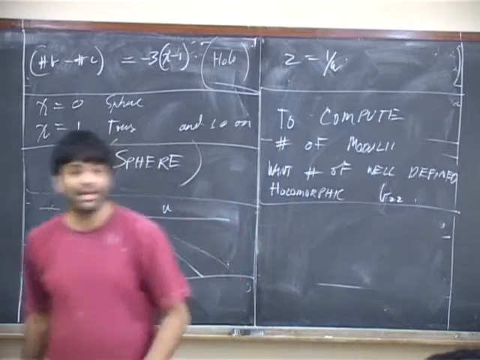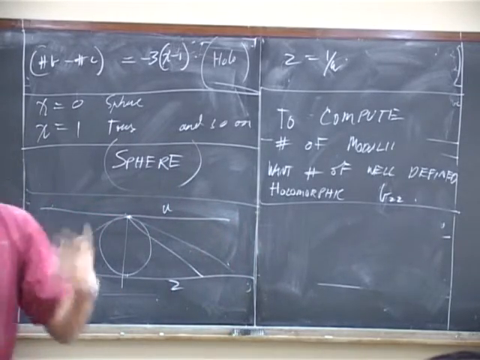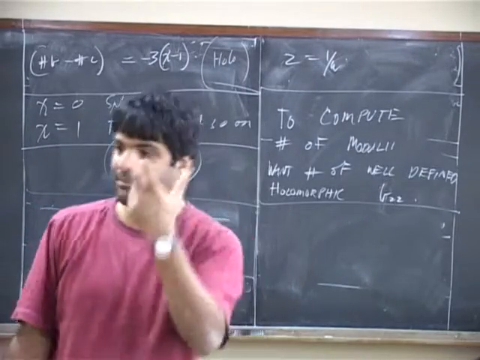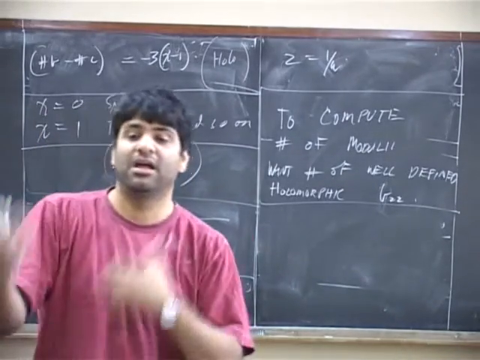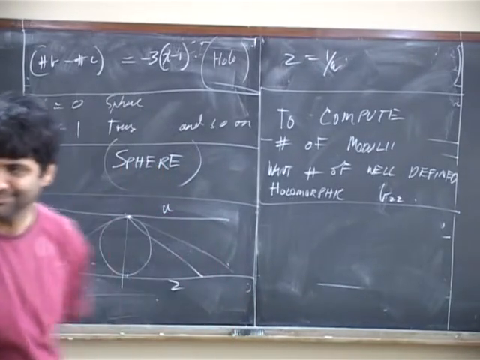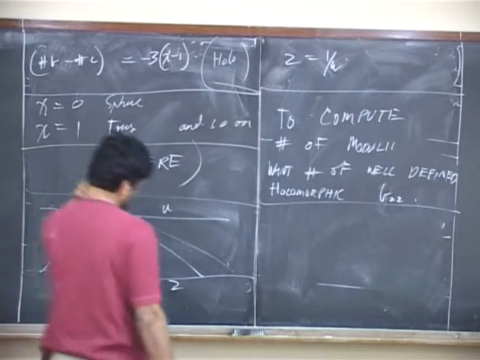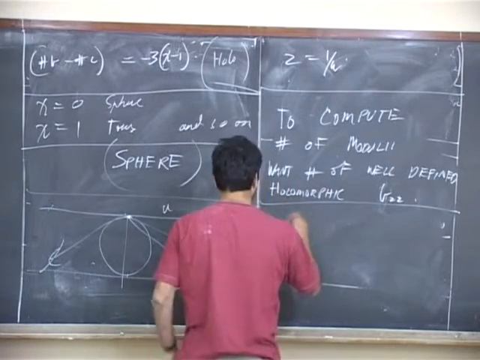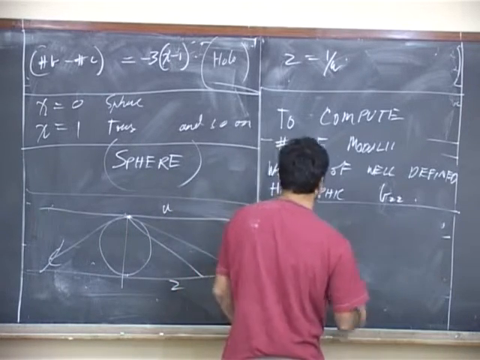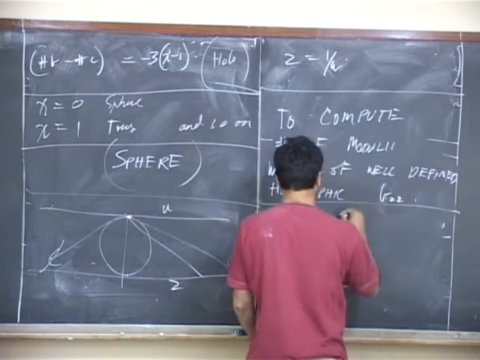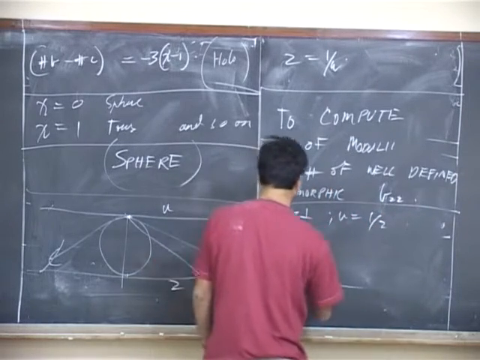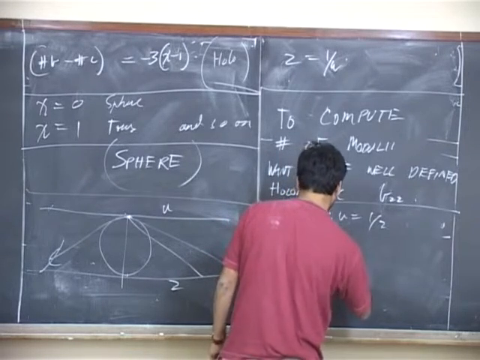The first thing we have to calculate is the transformation property of this object B under the map that takes us to the u coordinate. Well, that's totally clear, because we know that z is equal to 1 by u, and u is equal to 1 by z. So del z is equal to minus 1 by u squared del u.